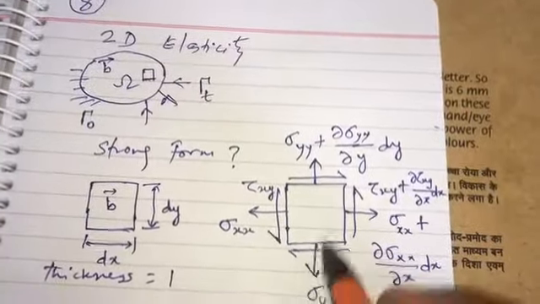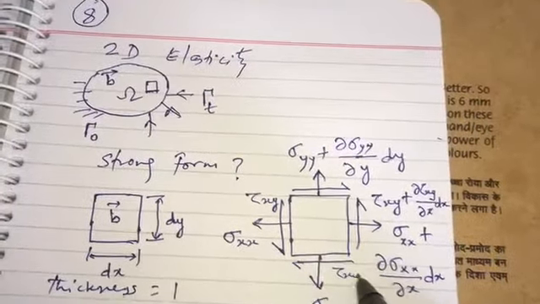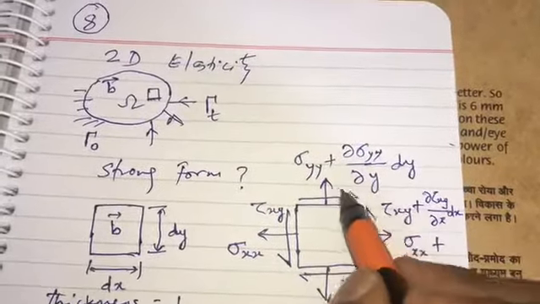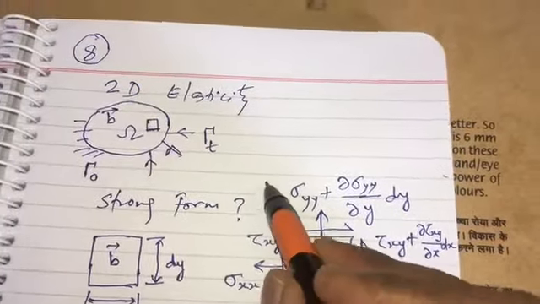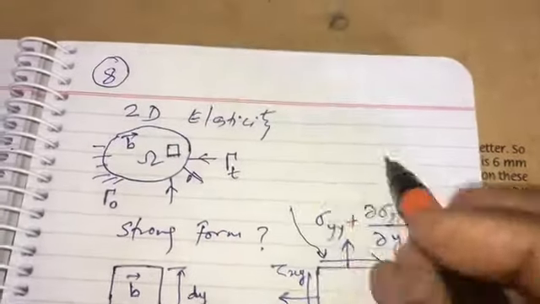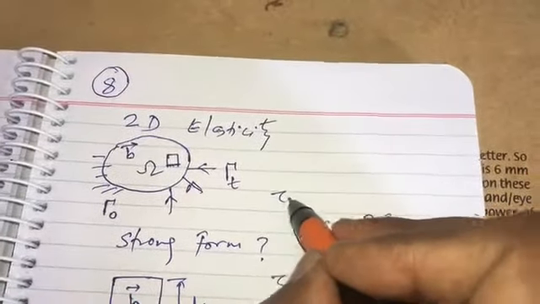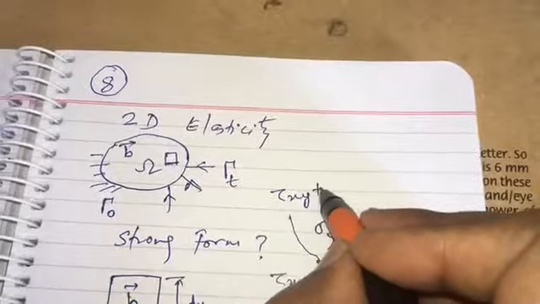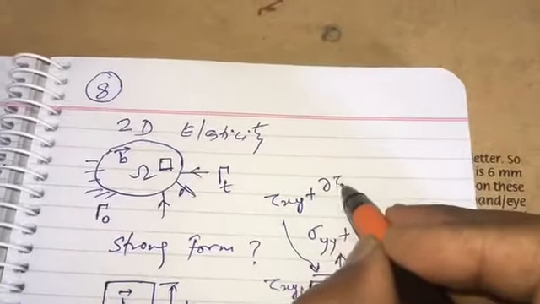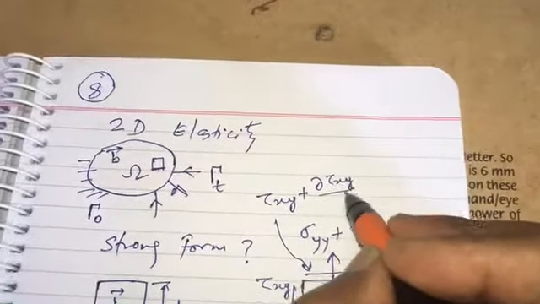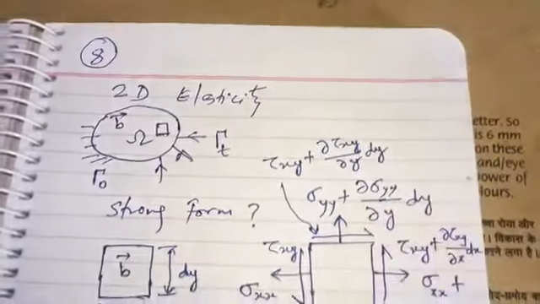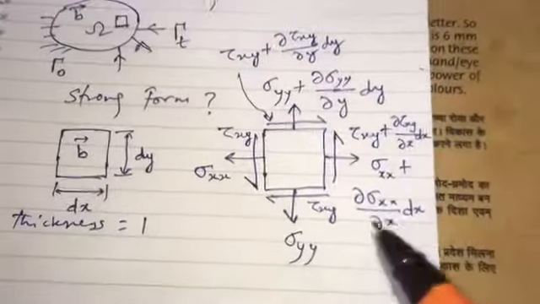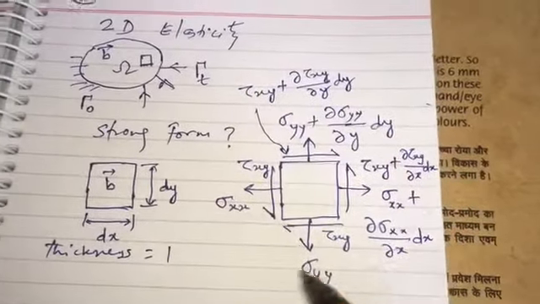Similarly here also, this one will be tau xy plus del tau xy over del y times dy. So we have these stresses here.